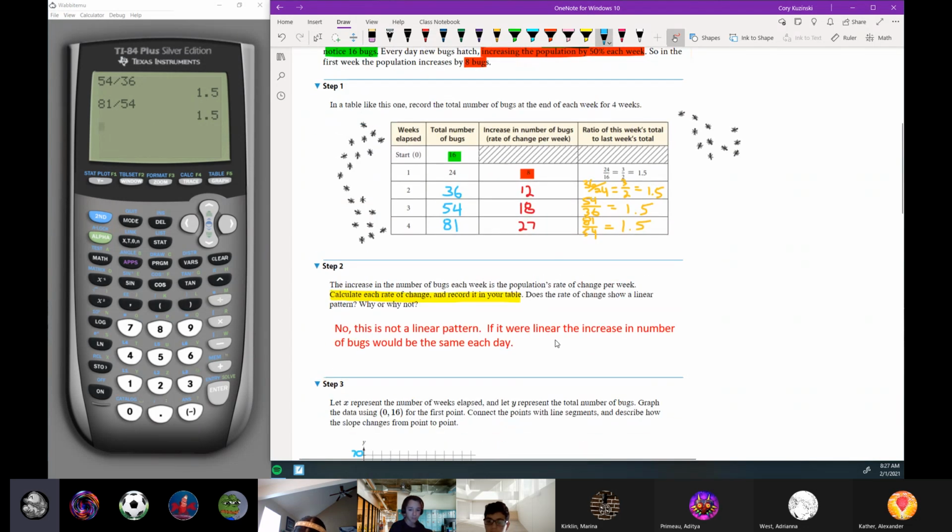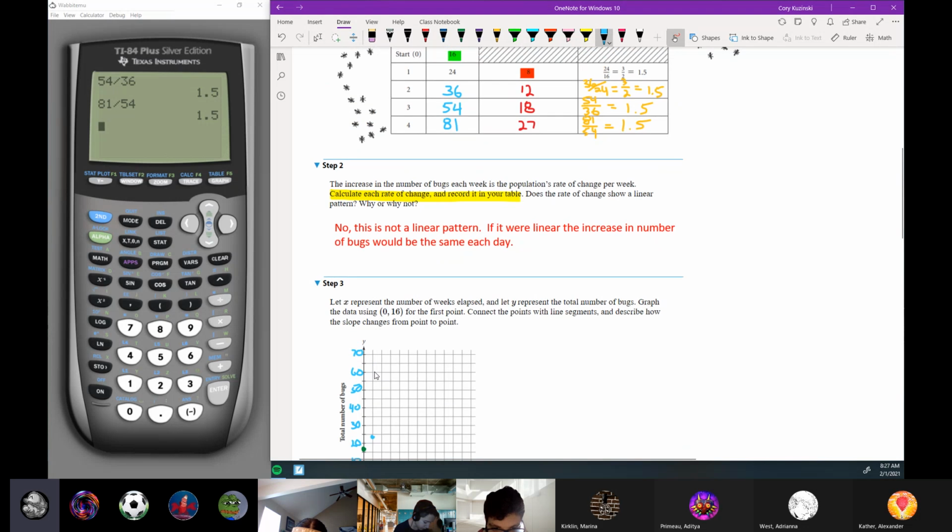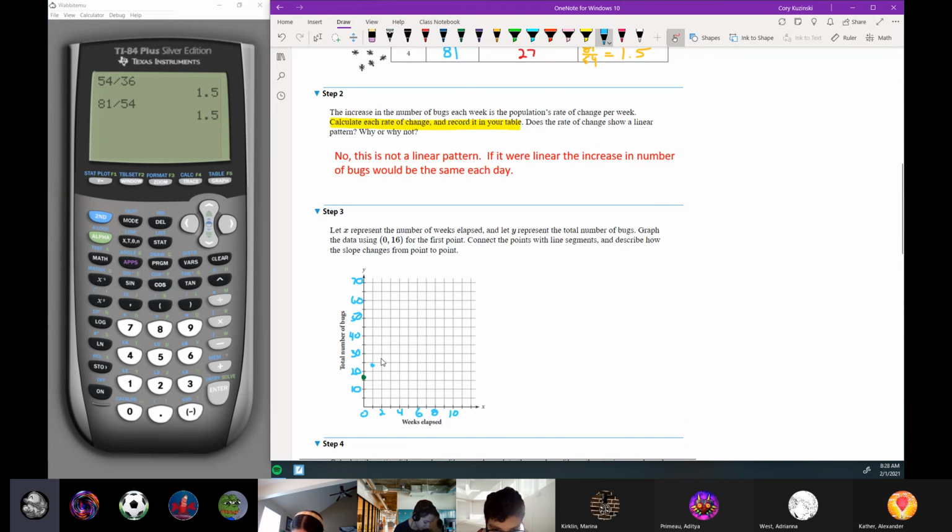So we had 0, 16. That was our starting amount, which is right about here. And then 124 is right here. 236 is right about here. 354, right about there.